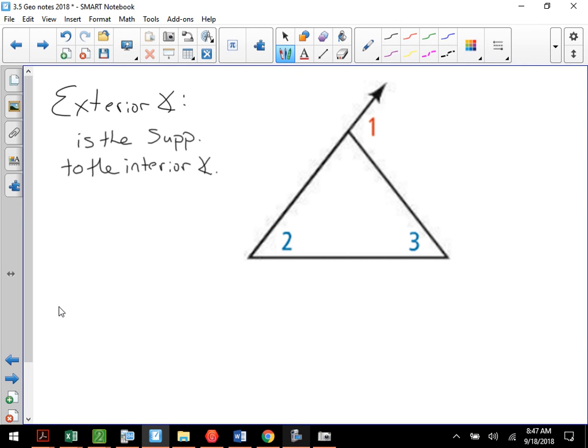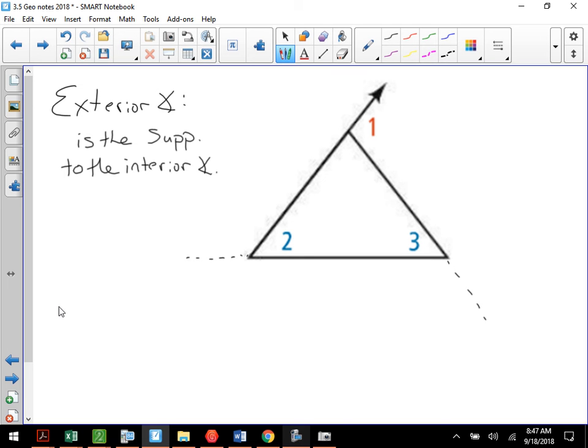The exterior angle is the supplement to the interior. Because if the interior angle is 60, the outside has to create a line, which means the outside would have to be 120. That's how this works. For each vertex, you can have an exterior angle. Okay, those guys are all outside angles.